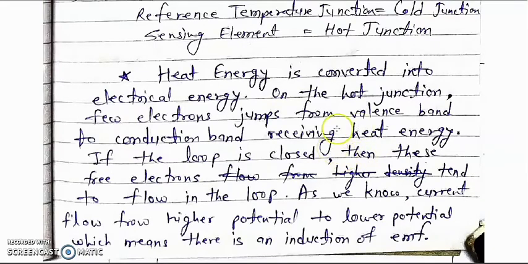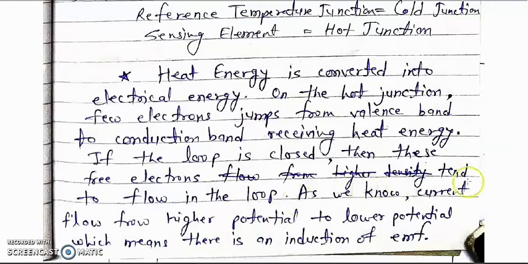But when you join one end of two metallic wires, then at the hot junction a few more electrons become free, and if the loop is closed, these free electrons will tend to flow in the loop.